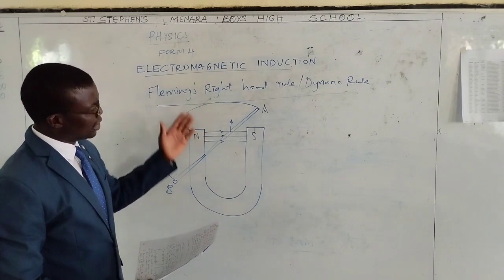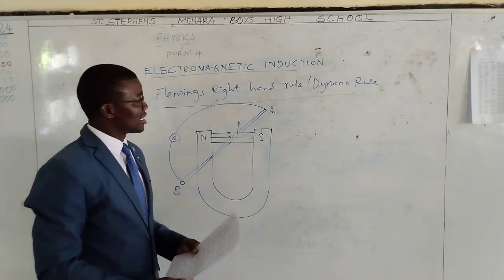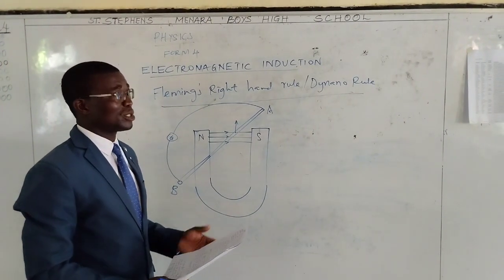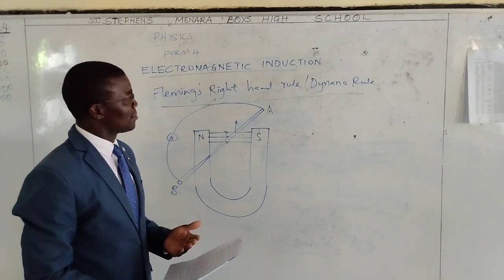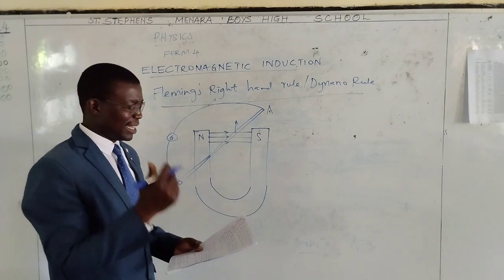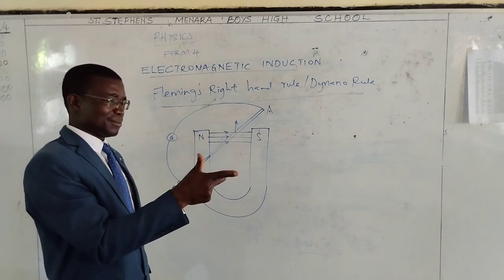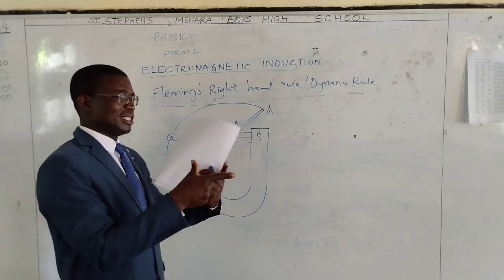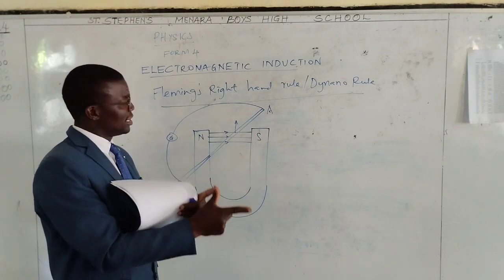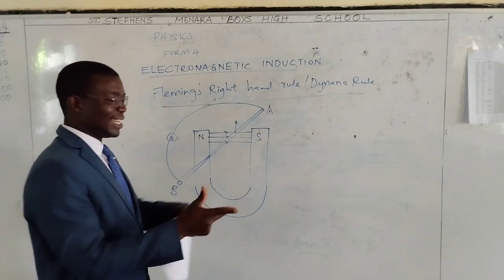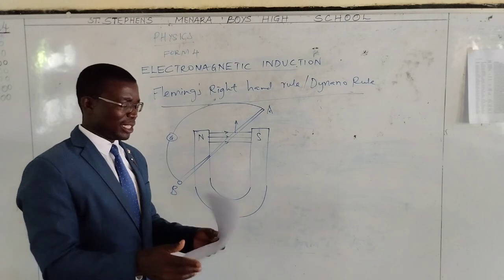And you say that the direction of this induced current in this conductor is summarized or can be determined using Fleming's right-hand rule, which states that if the thumb and the first two fingers of the right hand are held mutually at right angles, with the first finger pointing in the direction of the magnetic field, the thumb pointing in the direction of motion of the conductor, then the second finger points in the direction of the induced current.